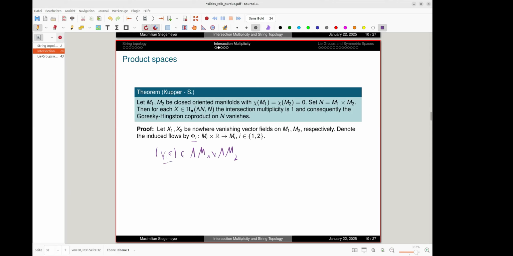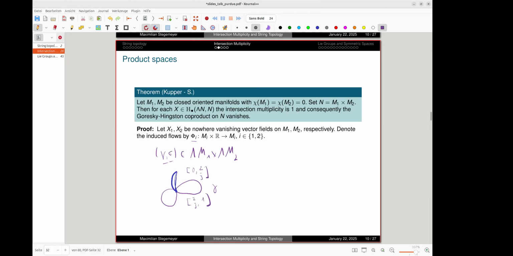Now I can deform all loops uniformly in the following way. If this is gamma and it has a self-intersection, then I can take the flow of the vector field. Recall that it's nowhere vanishing, so I go a bit in this direction and then I go back again, maybe in the interval 0 to 2/3, and in the interval 2/3 to 1 I go around the original loop gamma.